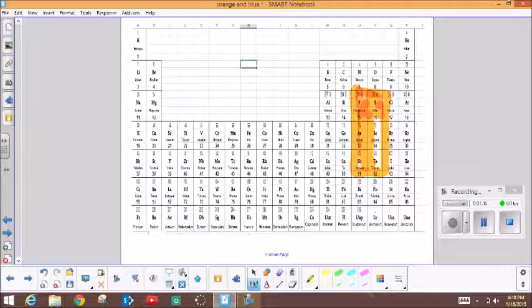So this rectangular area, which after I colored it in orange kind of resembles a bus, has something in common when we get to the list of polyatomics. The other section of the periodic table that we're going to concentrate on right now, I call the bus loop. That's this area right here adjacent to the bus, and so that's why it's the bus loop.